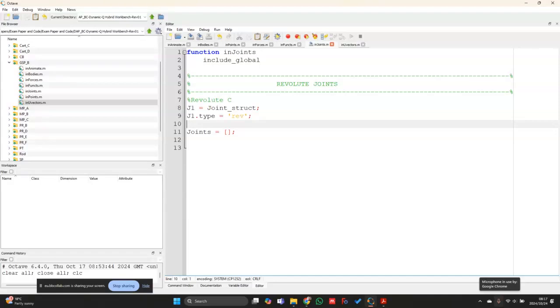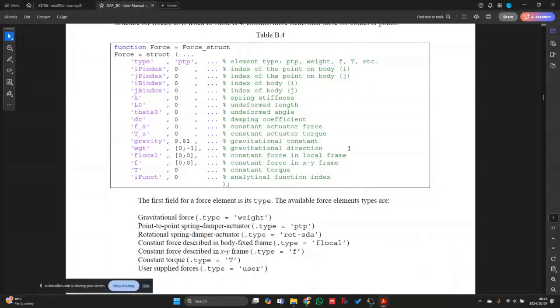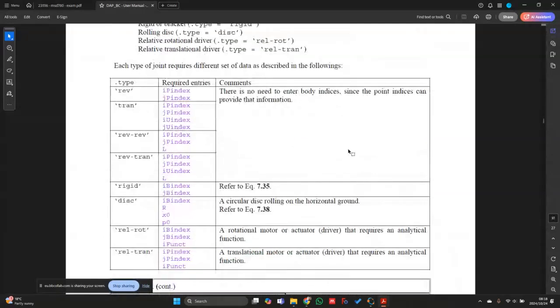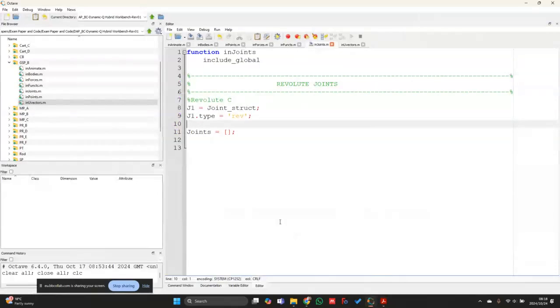And then I just have to give as input, if I go back to my user manual over here, I scroll down to the in joints. Then you'll see in this case, for a revolute joint, I need to specify the IP index and the JP index.